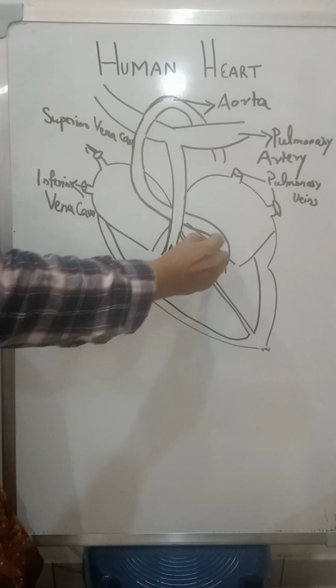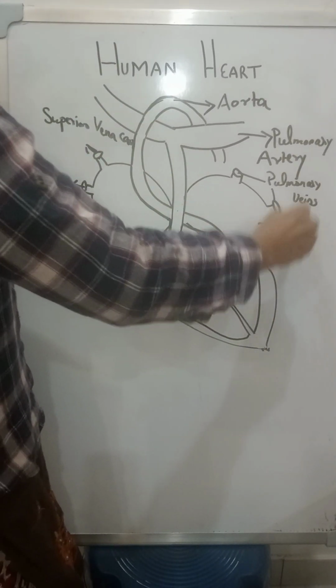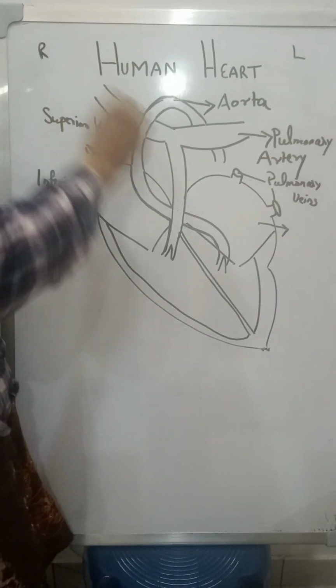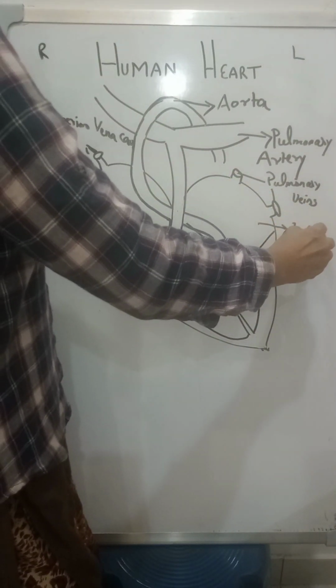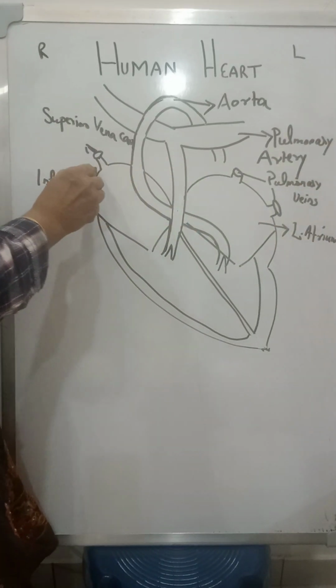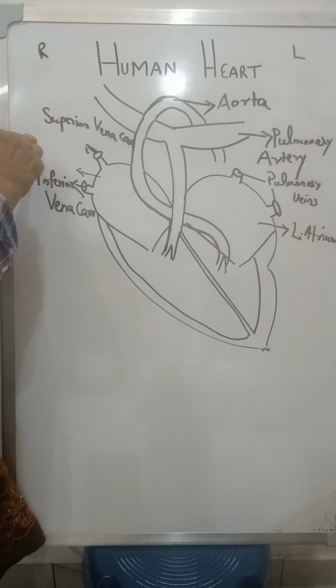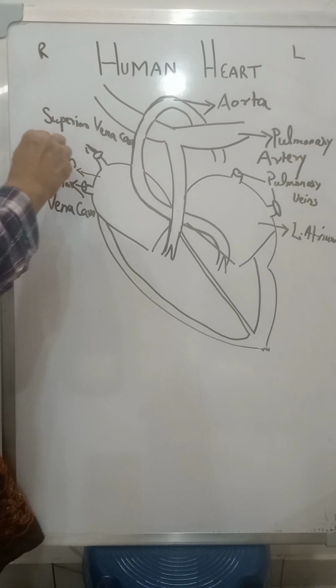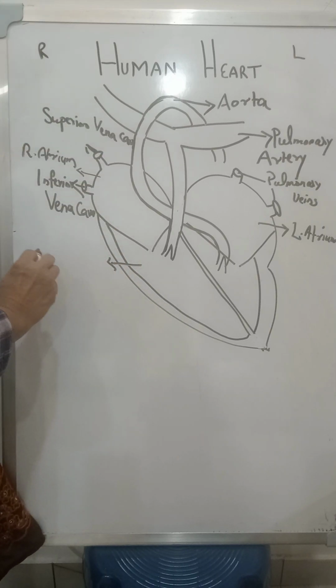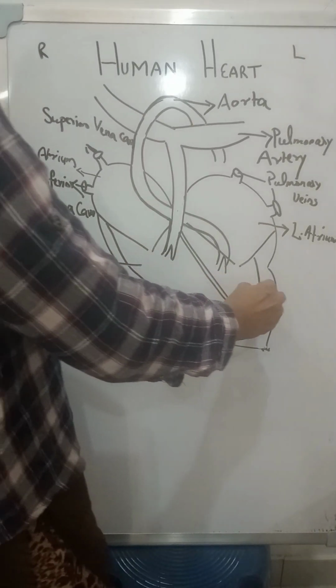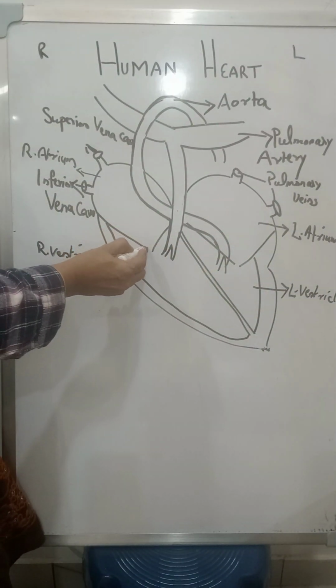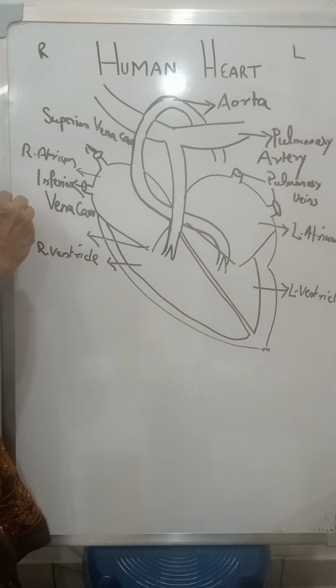Now, next part. Upper chambers are there. This is the left side and this is the right side. So, the upper chamber is the left atrium and this chamber we call the right atrium. These two chambers are there. Now, the lower part we call the right ventricle and this part is called the left ventricle.